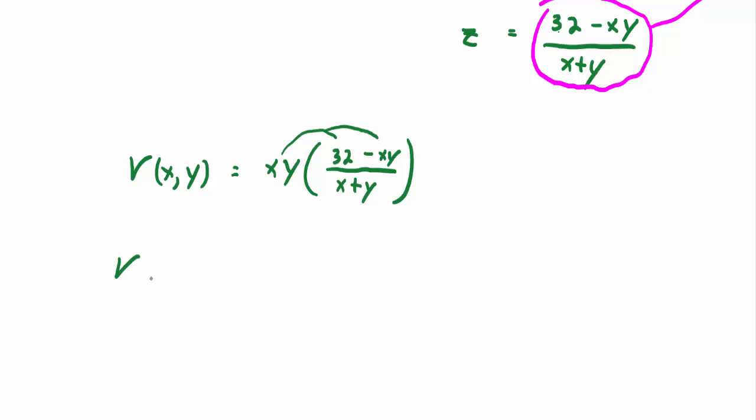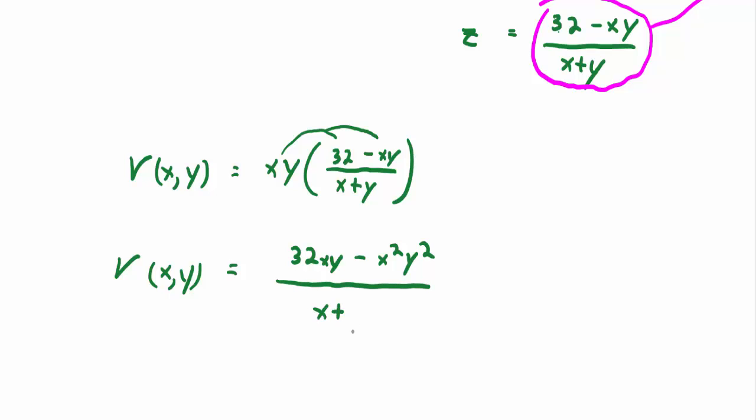So I'm going to make the volume equal to 32xy on top minus x squared y squared, over x plus y. Is everything making sense so far? How do we find critical values? We take what kind of derivatives? The partial derivatives.